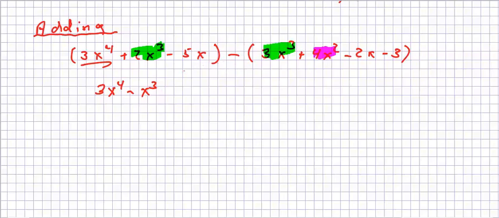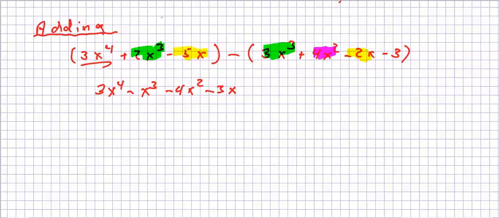So we have 0 minus 4, we have negative 4x squared. Now we're going to go to the linear term. We have a minus 5x minus 2x, negative 5 minus negative 2 is plus a positive, so it's minus 3x.